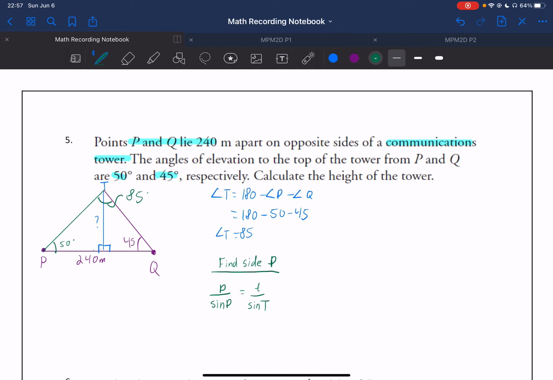So our P in this case, we don't know what it is, but our sine P is 50. Our T is at 240 meters, and our T's angle is 85. What we want to do at this point is get sine P away, so we multiply it by sine 50 on both sides.